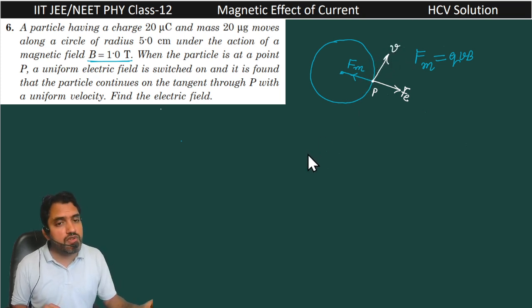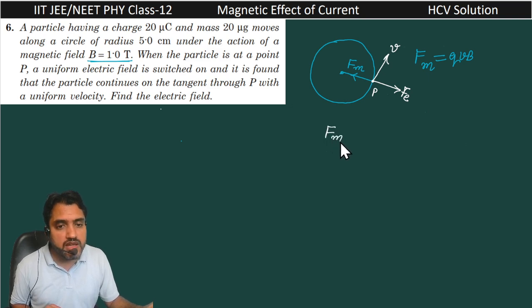So the net force will become equal to 0, and the magnetic force will become equal to the electric force in the opposite direction.